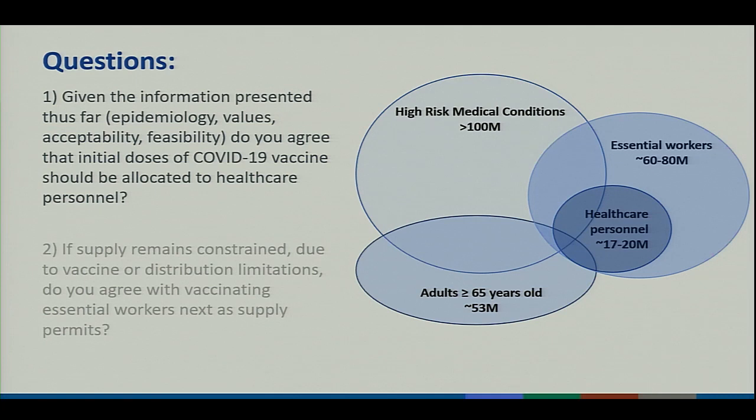It certainly seems clear that in some of the modeling, there is a benefit both to the healthcare community and the population that they care for, especially in long-term care facilities, by vaccinating those healthcare workers.